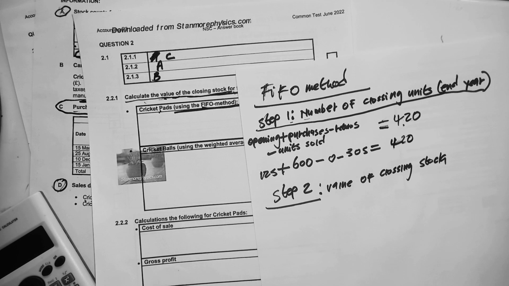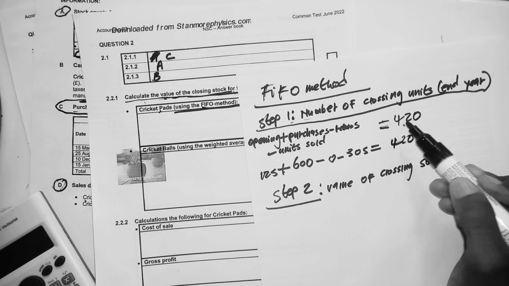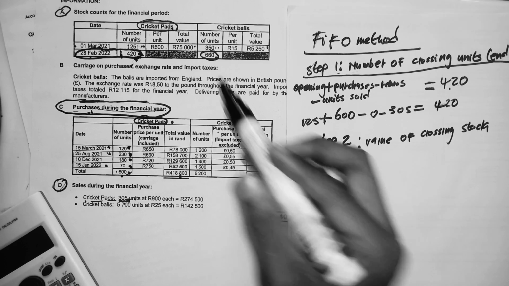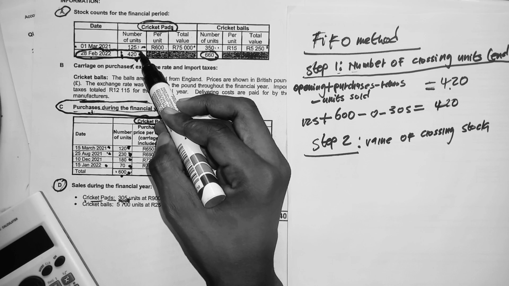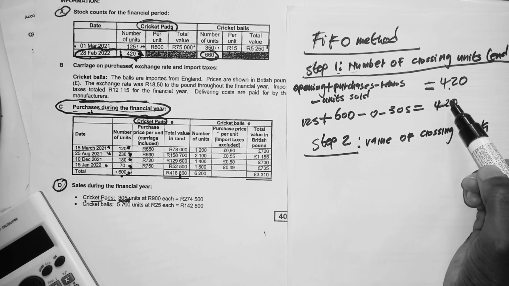Remember, our closing stock is the one that we got on number 1. The closing stock is 420 that they gave us here, and it's the same 420 that we got on our number 1.